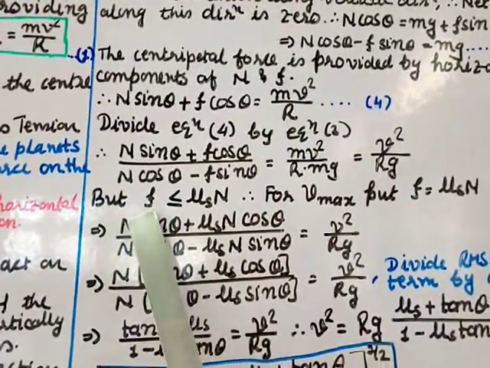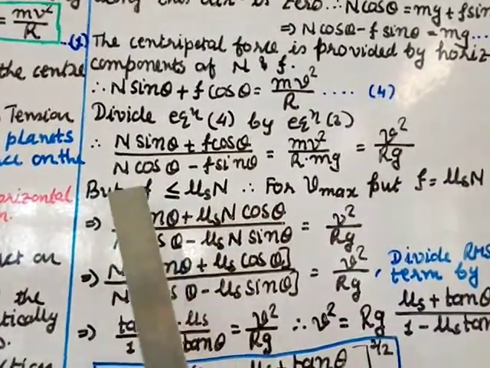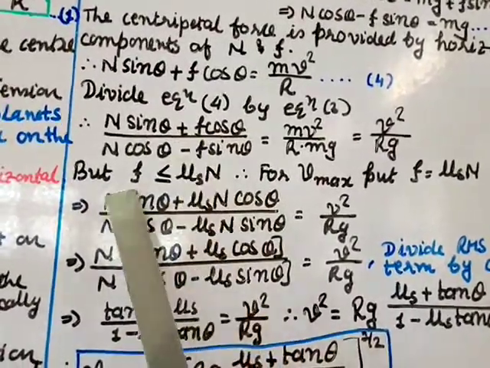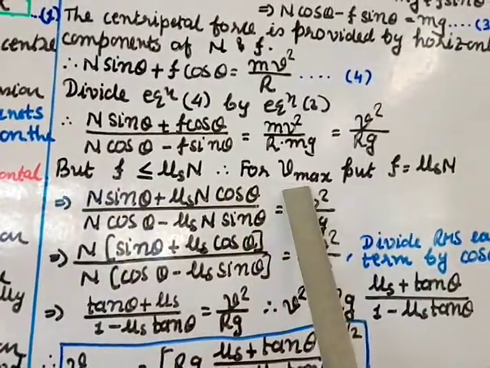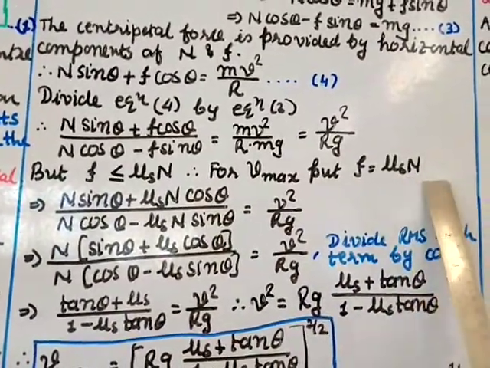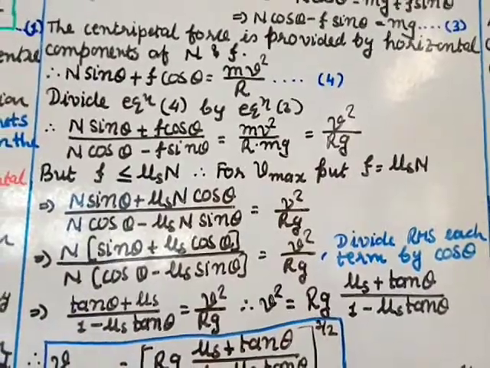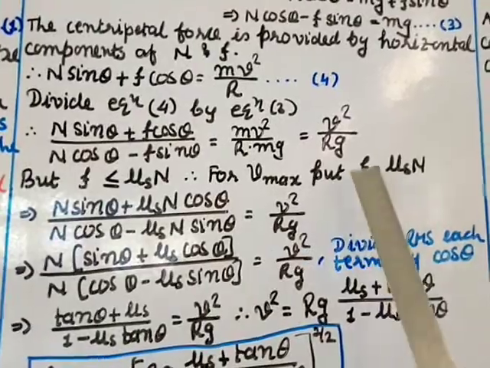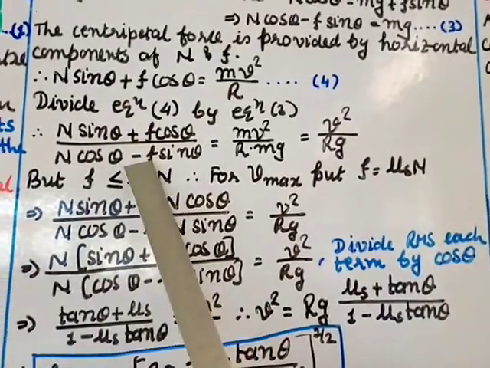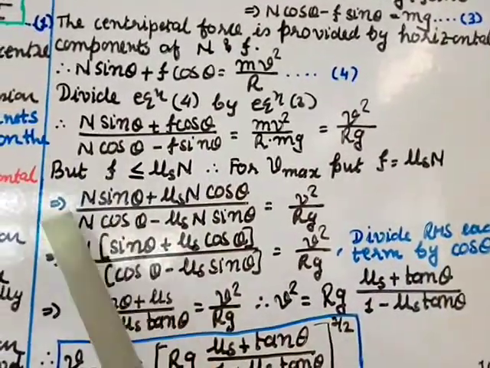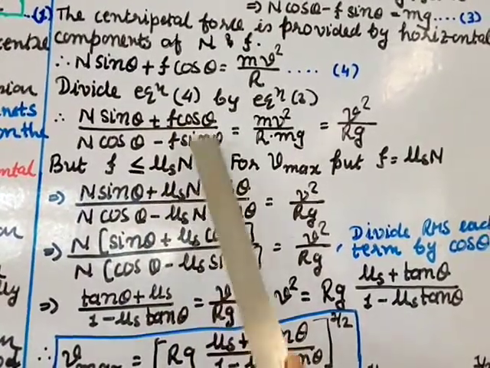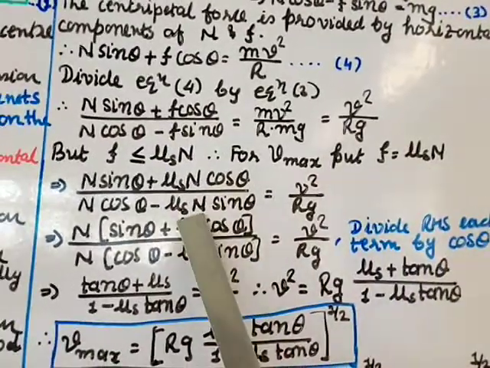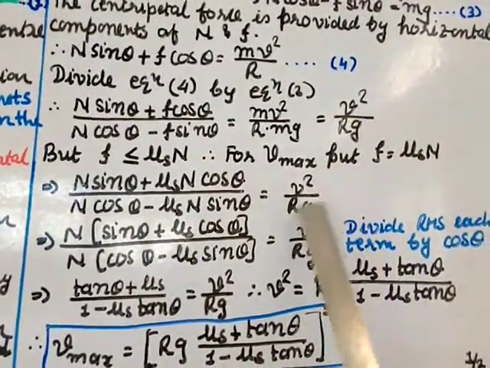Now we know that F is less than or equal to mu s N, and this F is static friction. Since I have used F here, I am writing only F. For v maximum, the maximum safe turning velocity, put F equal to mu s N. So I put here the value of F as mu s N. So N sin theta plus, instead of F, mu s N cos theta, divided by N cos theta minus, instead of F, mu s N sin theta, equals v square by rg.